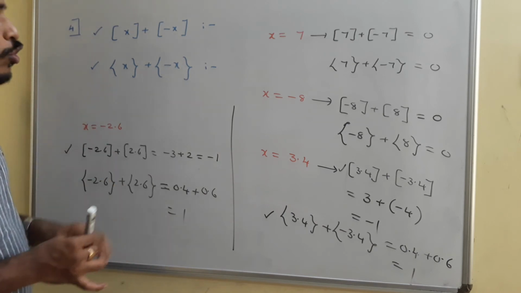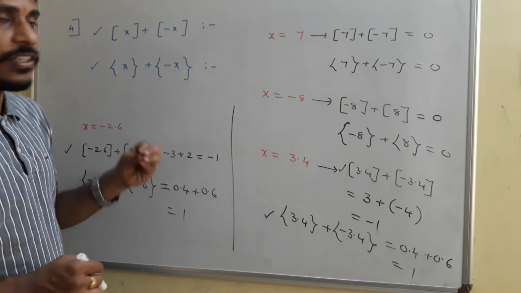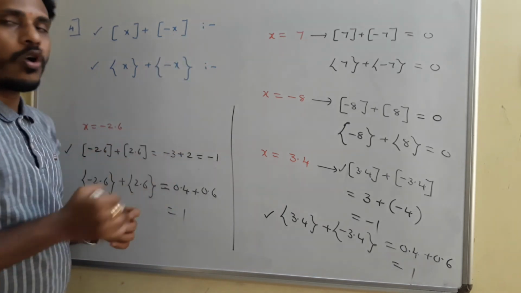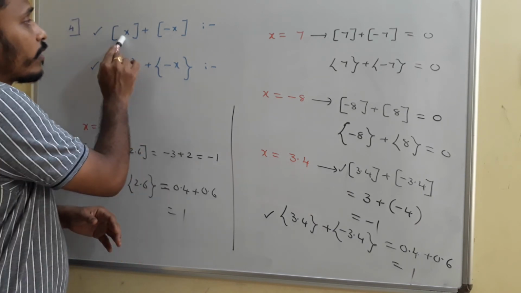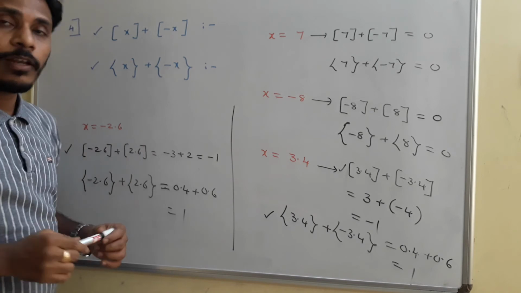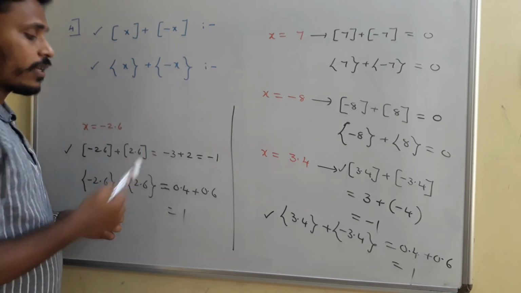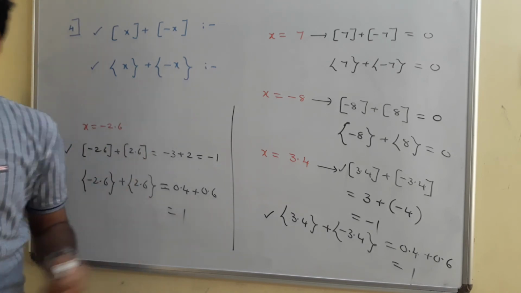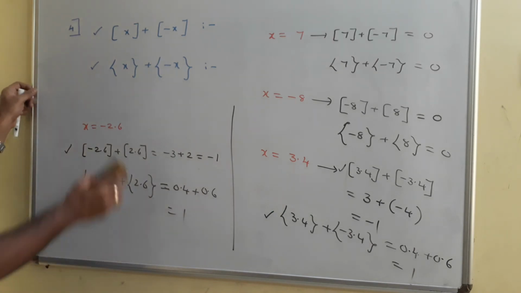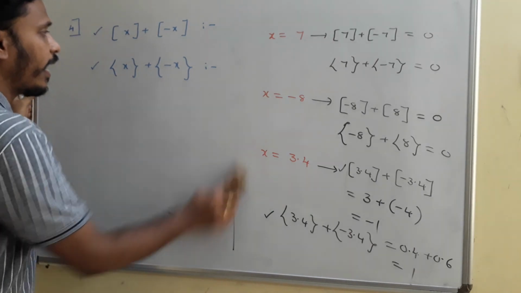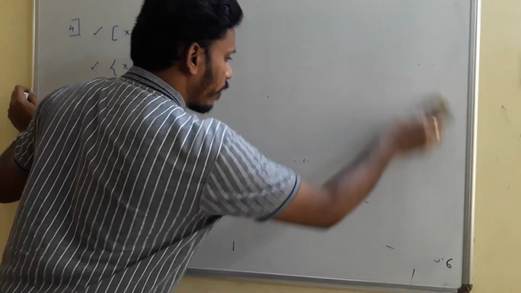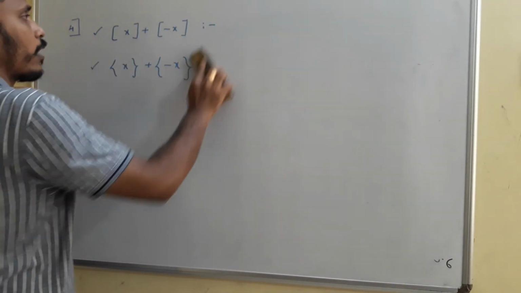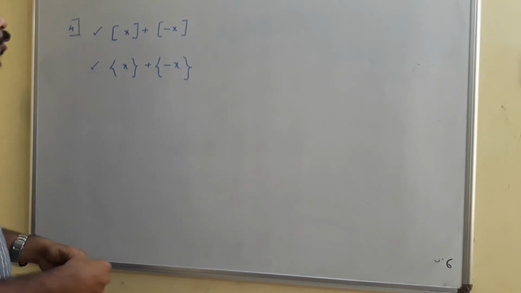At the end the conclusion is simply, if x is an integer, the values are 0, 0. If x is not an integer, then for the first one the result is minus 1, whereas for the second one the result is simply 1. So I just conclude all these things. I will erase it. Okay. At the end, the values of floor x plus floor of minus x and fractional part of x plus fractional part of minus x, we have two possibilities.